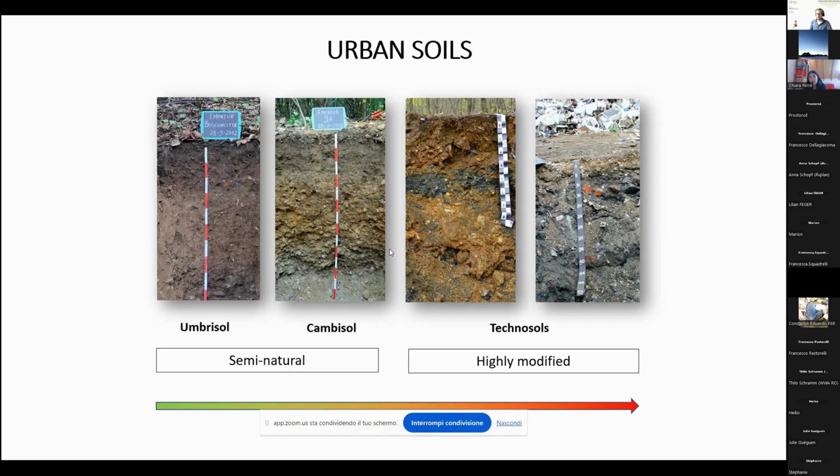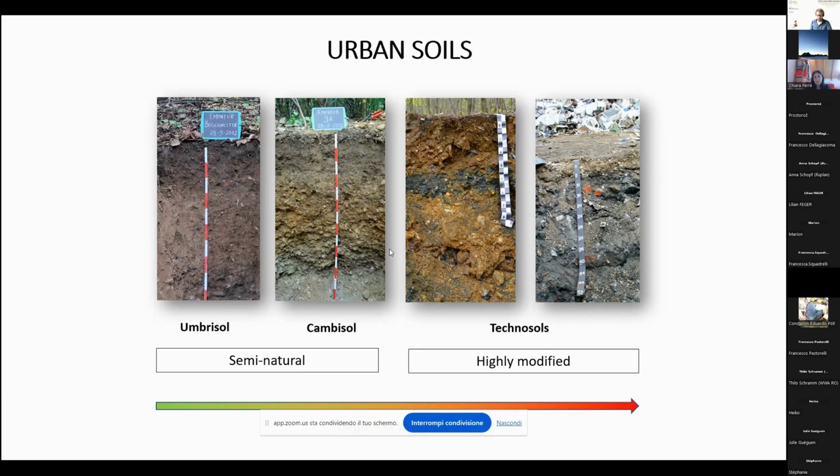Urban soil is the result of the conversion from natural soil to urban soil under a disturbance, a disturbance that usually increases going towards the urban center. But urban soils can be semi-natural, like the first two soils.